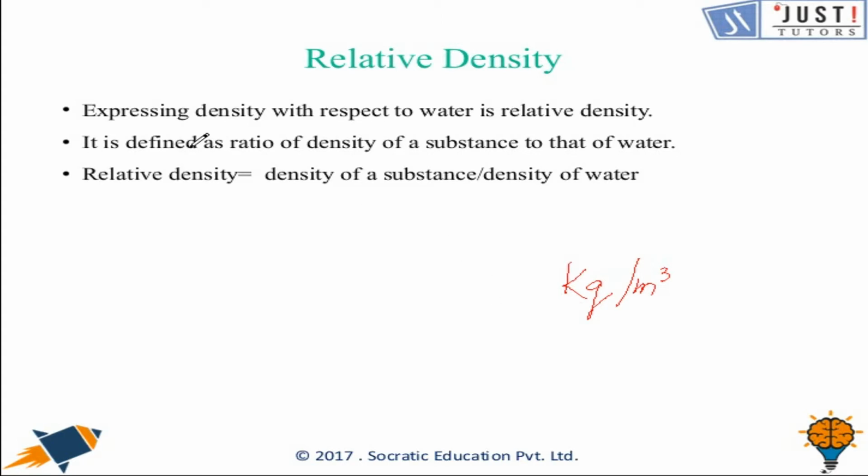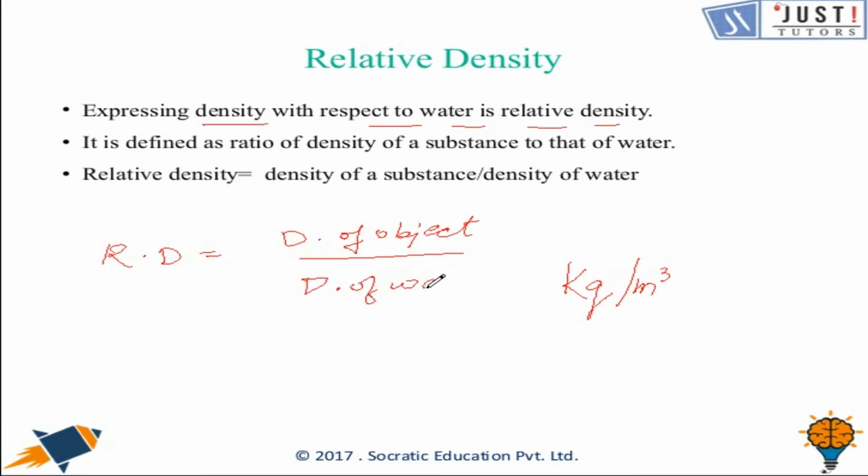Now, expressing density with respect to water is relative density. So I can say relative density is equal to density of object over density of water. It is defined as a ratio of density of a substance to that of water.